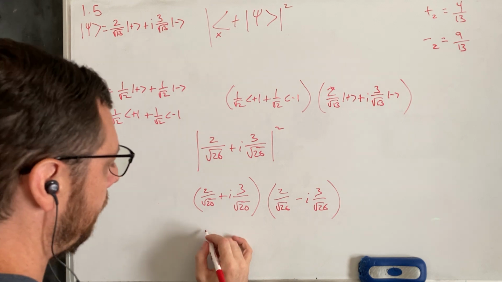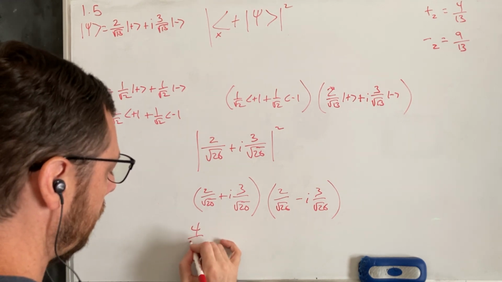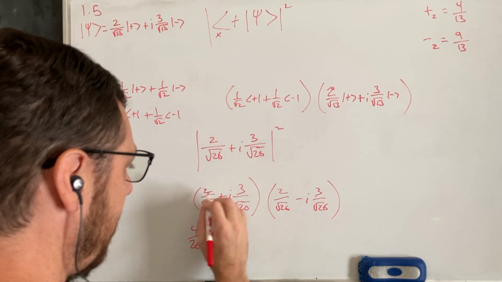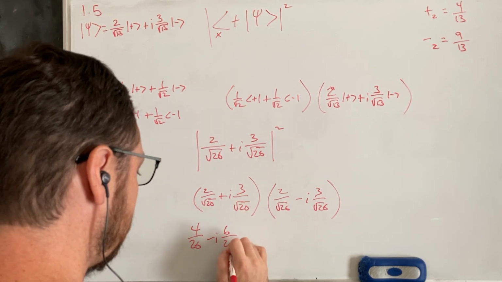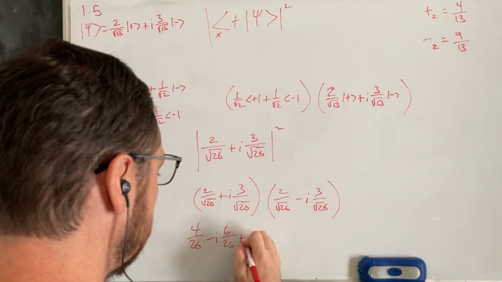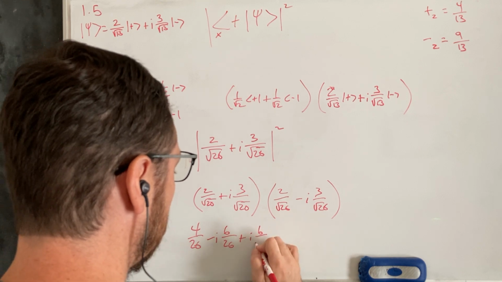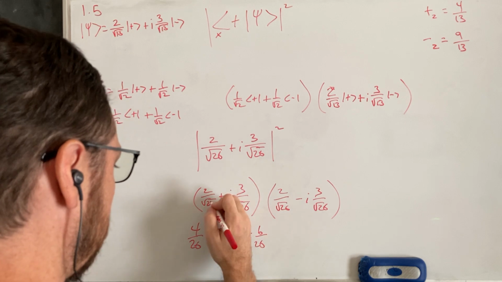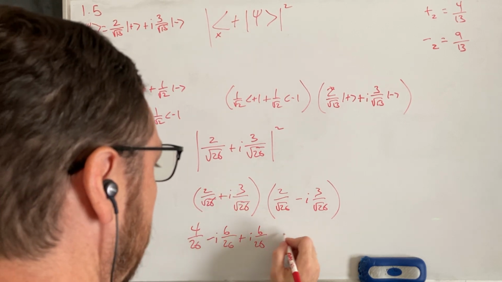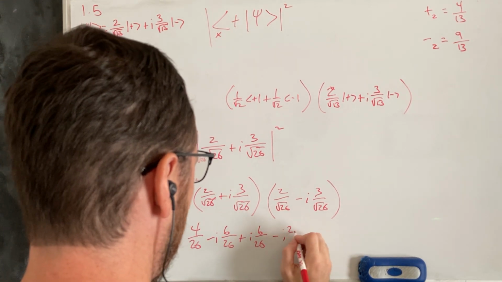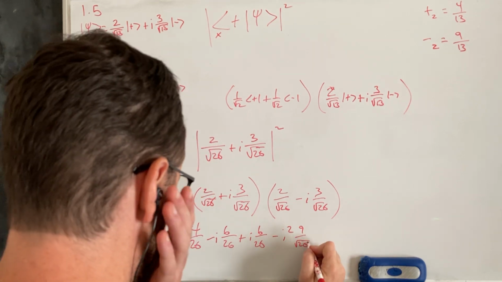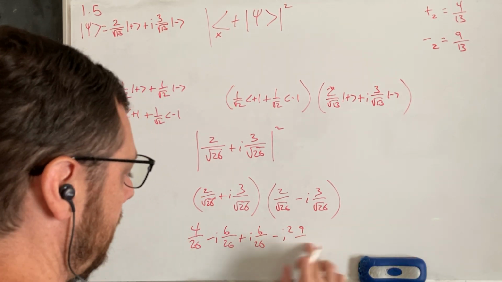Okay, and then we'll just FOIL this out. So we've got 4 over 26. We have a minus i, 6 over 26. We have a plus i, 6 over 26. And then a minus i squared, 9 over 26.